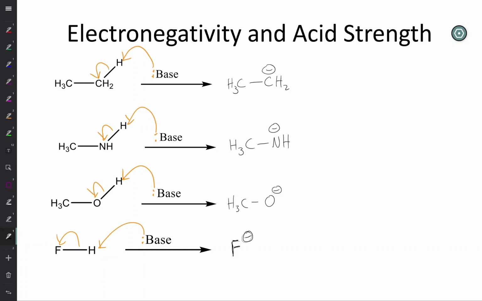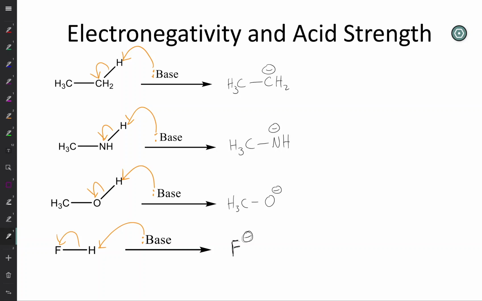So you have the intuition to be able to tell me which of those things is most likely and which is least likely to happen, just based on what you know about stability of molecules. So of those 4 possibilities, which one would you think is most likely to happen and why?